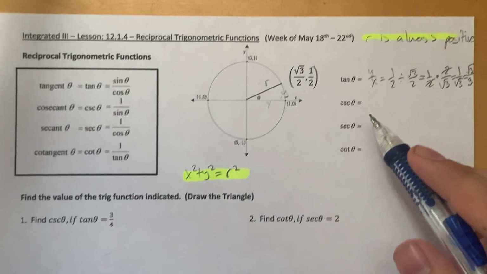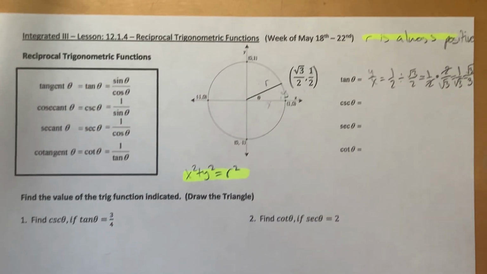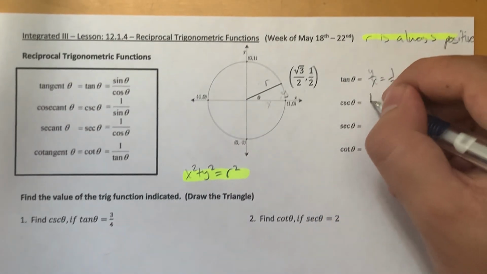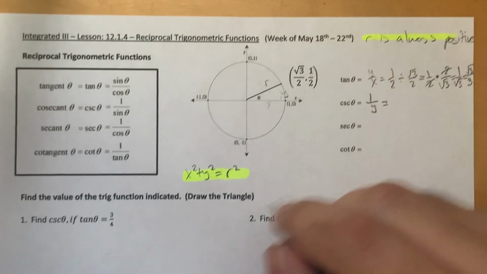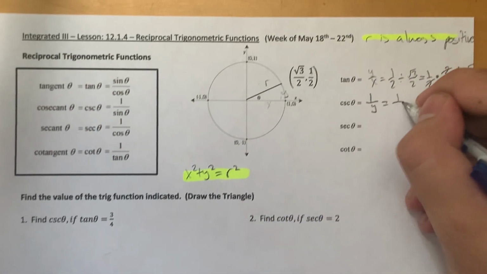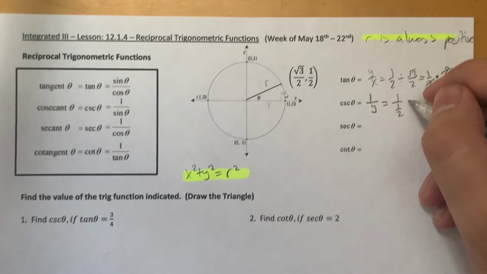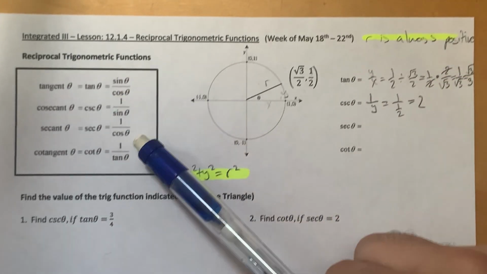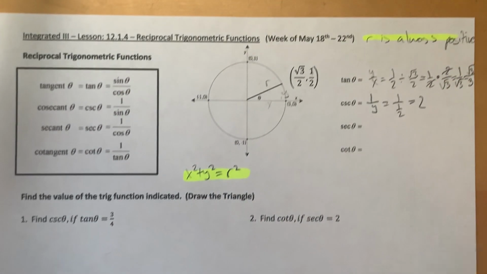All right, cosecant theta equals 1 over sine theta. So we can say 1 over y, right? 1 divided by 1/2 equals 2. So when you see sine theta, cosine theta, and you're given a unit circle, remember in your head, what's x, what's y, and so on. Get yourself in the habit, learn those.